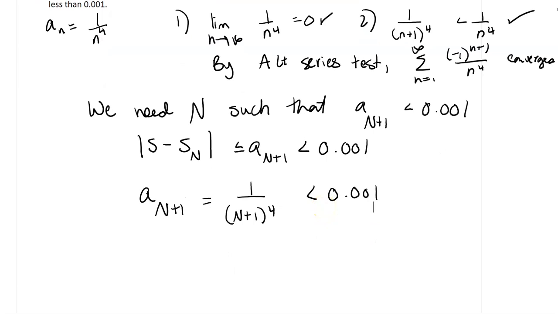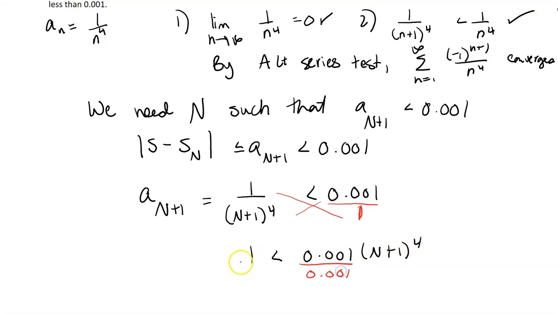So if I were to set this up as a fraction over 1, I can cross multiply because all of these things are positive. And I get that 1 is less than 0.001 times n plus 1 to the fourth power. And then I can divide by 0.001. Again, positive, so there's nothing wrong there.